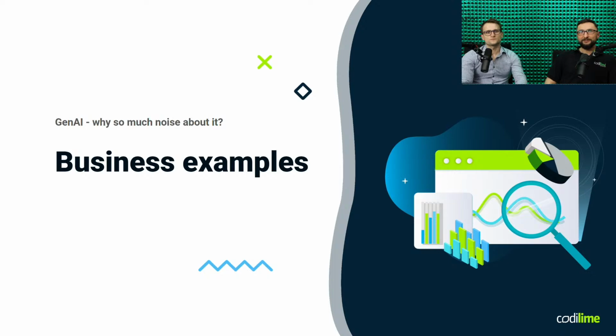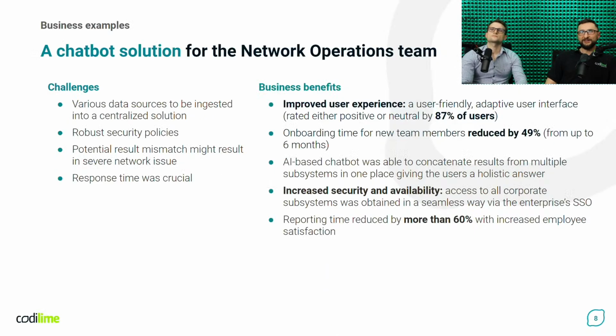Yeah, okay. So the first business example. This first scenario is a chatbot solution that we've built for the IT network operations team of a big network solutions provider. As you might or might not know, the work in IT operations teams is pretty much focused on monitoring solutions, configuring new components, analyzing potential incidents, and obviously solving them as well.